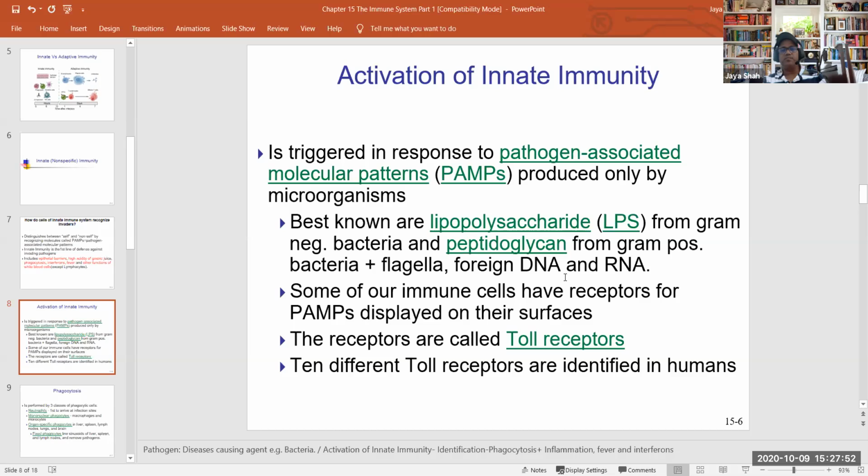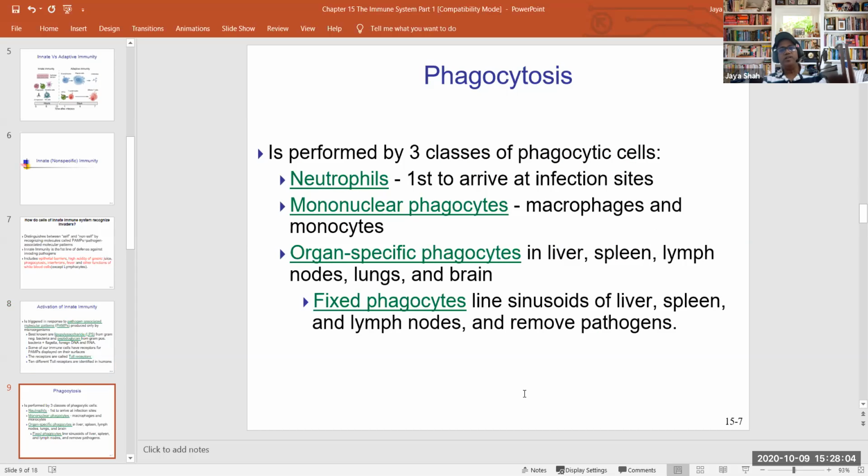To recognize these PAMPs, we have 10 different kinds of toll receptors. Okay. So once the physical barrier of our body is breached, damaged, and the microorganism gets inside, then our immune cells, white blood cells, start engulfing and phagocytosing them.